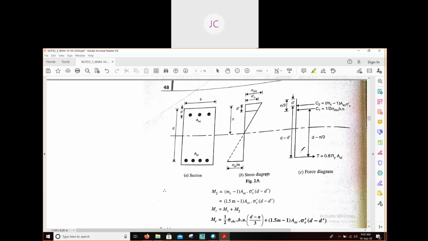In the stress diagram you have two triangles: this big triangle, and this small triangle is another triangle. These two triangles are similar.